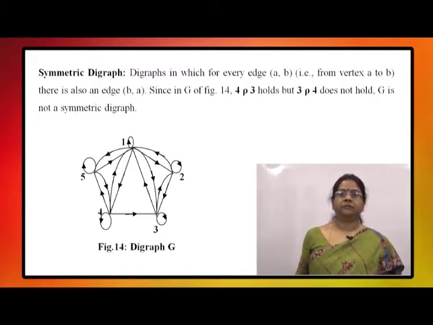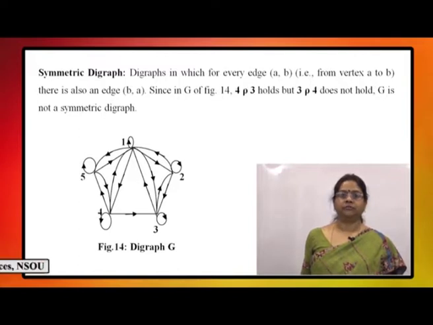Here in figure 14, we can see that 4 rho 3 holds, but 3 rho 4 does not hold. So this is not a symmetric digraph.